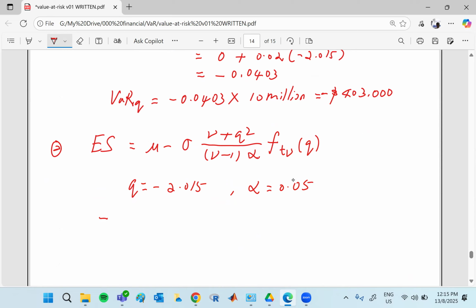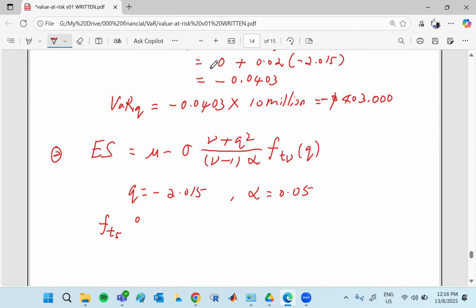So the T value is minus 2.015, and you can use the table to find the probability, which will be close to 0.065.